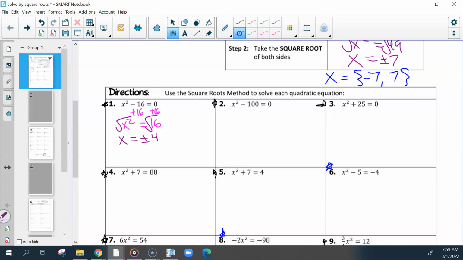For all of these, we're always going to have a plus or minus, no matter what. And then our solution set would be x equals negative 4 and 4. Questions so far? This is supposed to be a curly bracket. I just can't draw one of the sides.